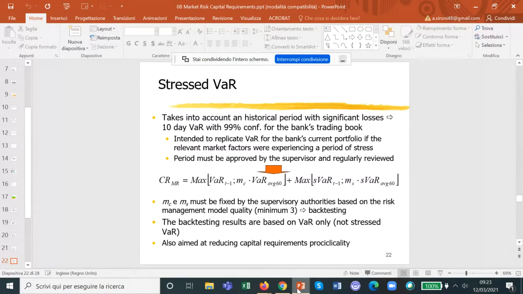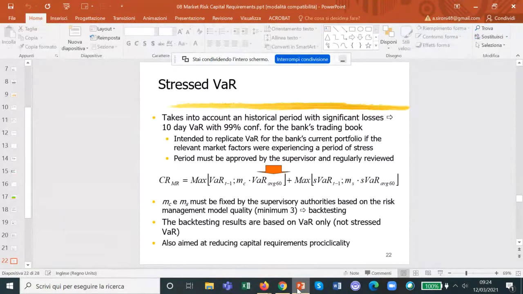Now, there is an additional component which is called stress value at risk. And it's exactly working in the same way, i.e. the larger between stress value at risk of the previous day or the stress value at risk of the last 60 days average times a multiplying factor, okay? Now, what is stress value at risk? Well, for example, assume that we are here today in March 2021.